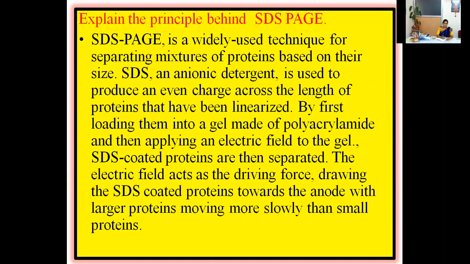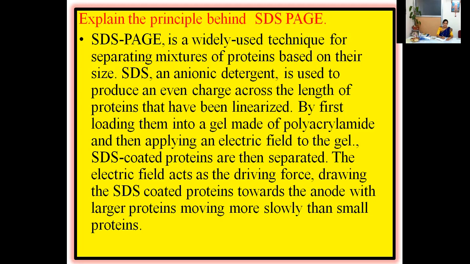Explain the principle behind SDS-PAGE. SDS-PAGE, sodium dodecyl sulfate polyacrylamide gel electrophoresis, is a widely used technique for separating mixtures of proteins based on their size, that is, molecular weight. Here, SDS is an anionic detergent, which is used to produce an even charge across the length of the entire proteins that have been linearized, by first loading them into a gel made of polyacrylamide, then applying an electric field to the gel.